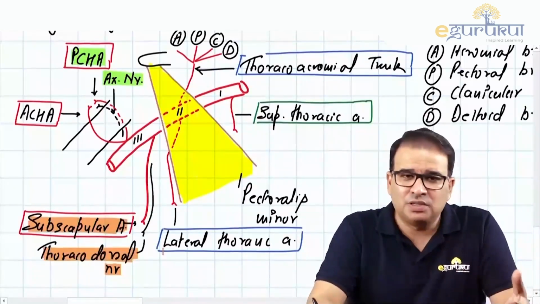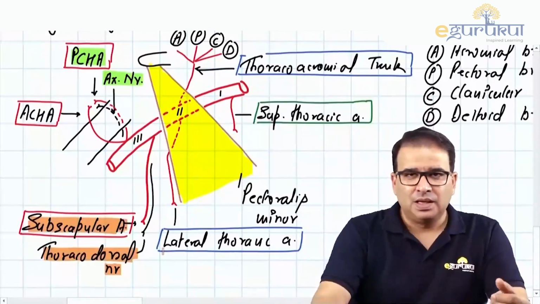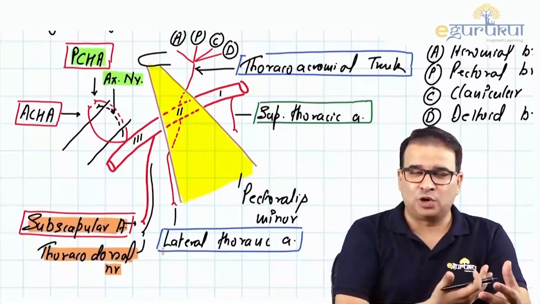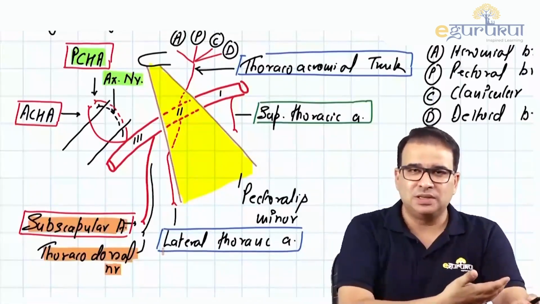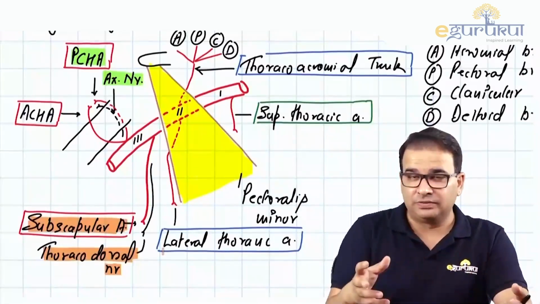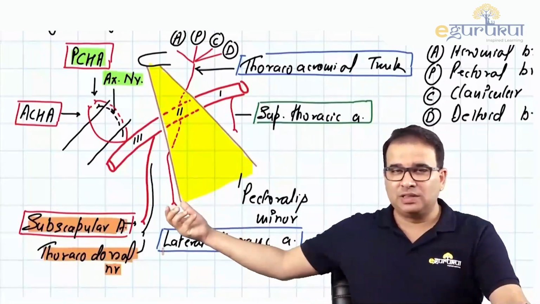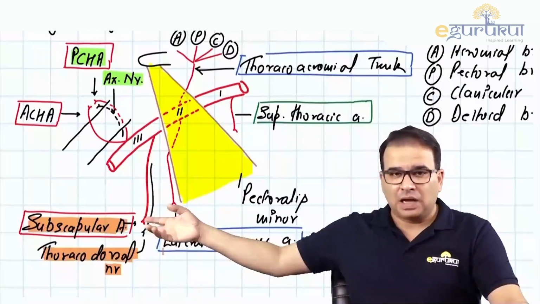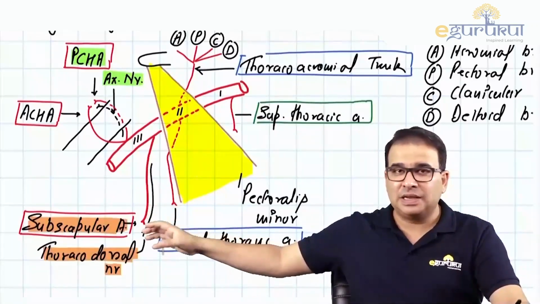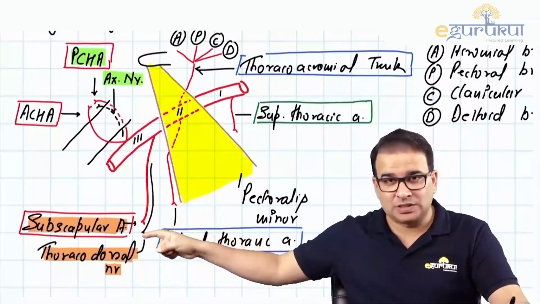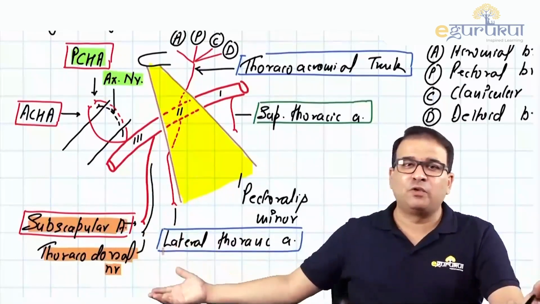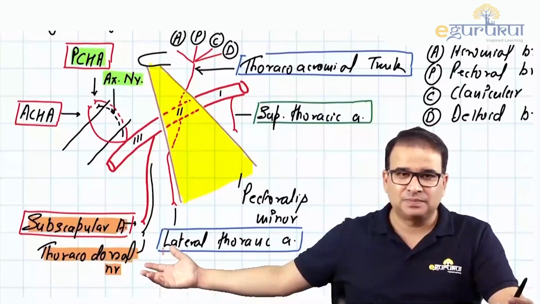It again is an important surgical relation here. In flap transfer of the latissimus dorsi, when you take a flap of latissimus dorsi, you take it along with the artery and the nerve. And you can see both of them running together here. The subscapular artery, apart from supplying the subscapularis muscle, does supply latissimus dorsi. And the thoracodorsal nerve, of course, supplies latissimus dorsi.